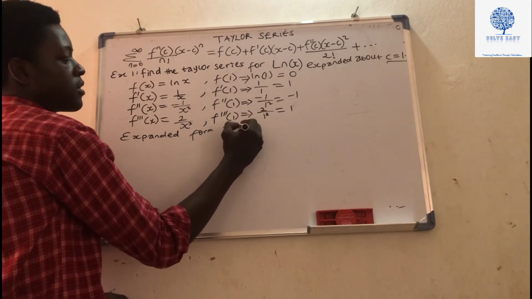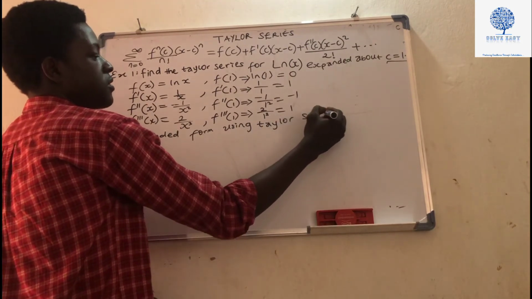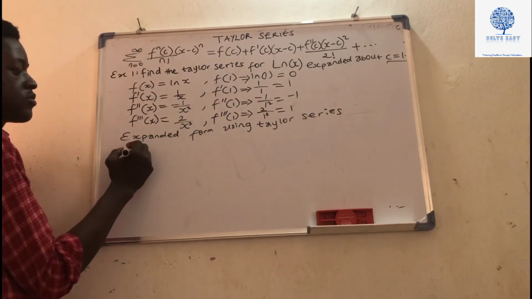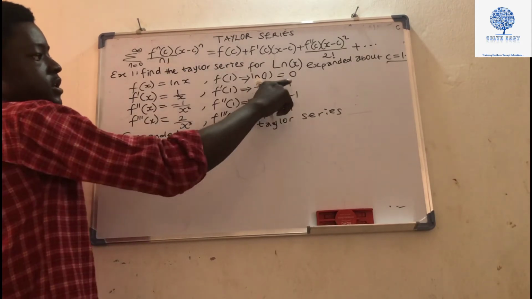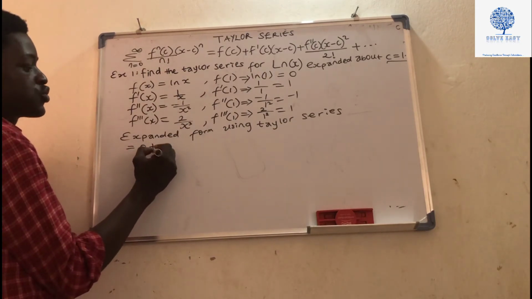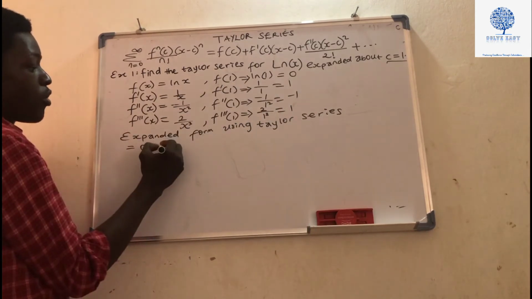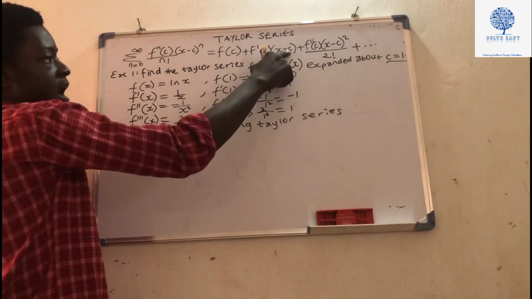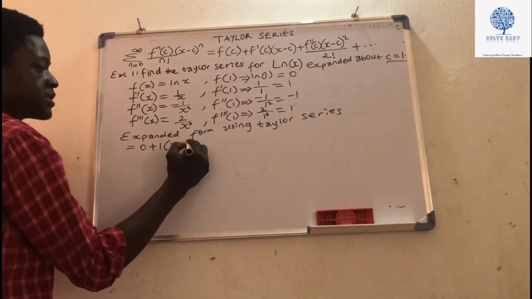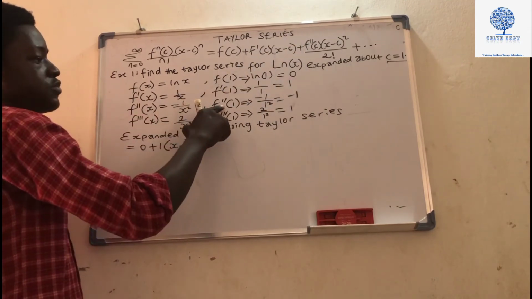So having it this way, the expanded form of this using Taylor series, we go back to our initial function. This is equal to f of c, which initially was 0, plus f prime of c, we had that to be 1, times x minus our c, which we're given as 1, so x minus 1, plus f double prime of c, which is minus 1.